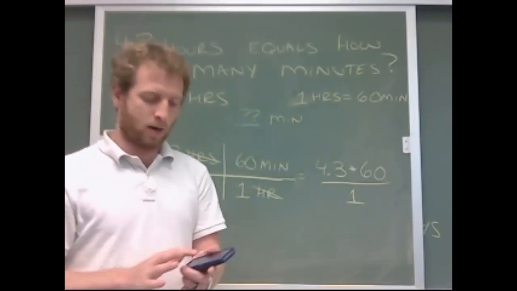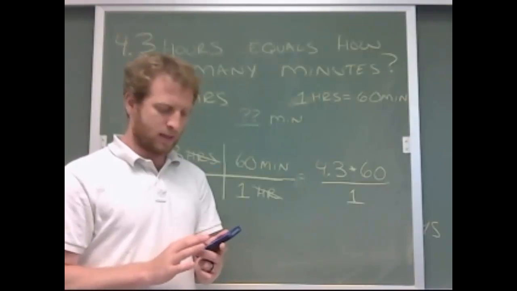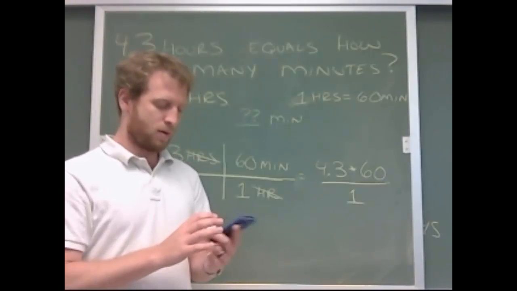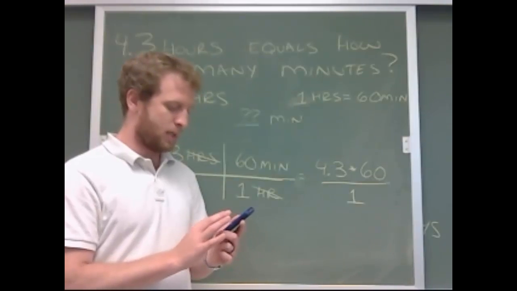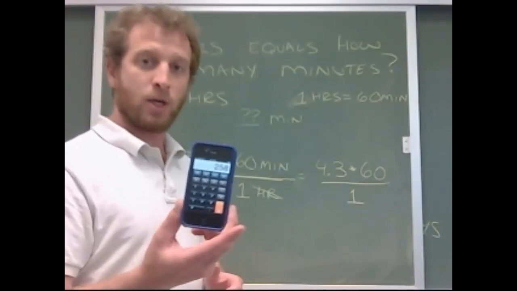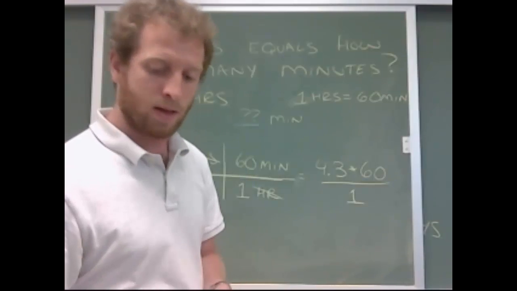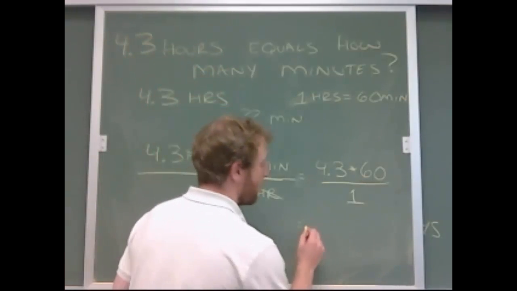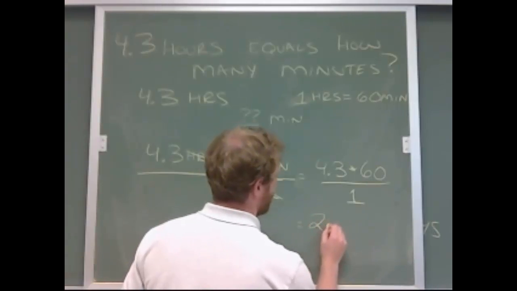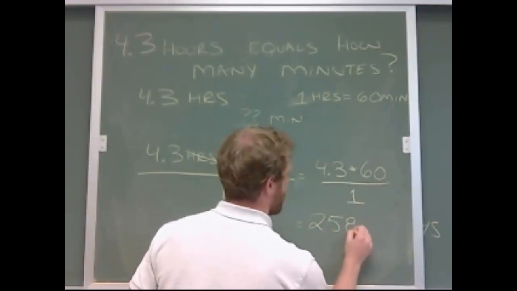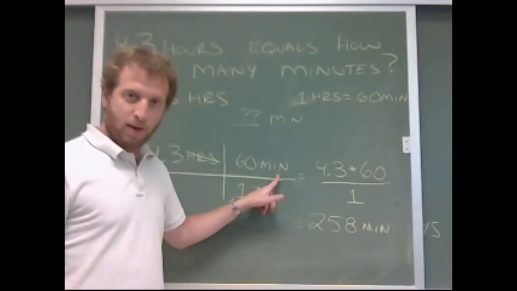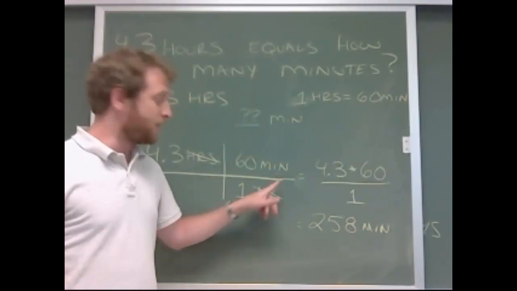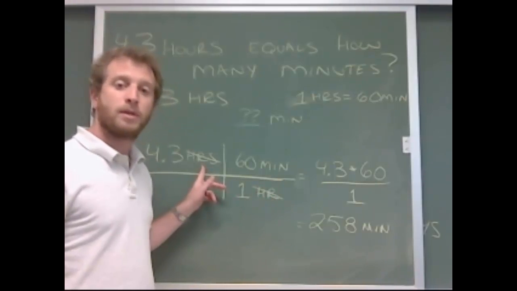Okay, I take out my calculator, iPhones for a lot of you guys, and I'm going to do, clear, 4.3 times 60, and I should get 258. Okay, but remember, I need my units. So I've got 258 minutes. And I know it's minutes because if I look at my fence, all I've got left is minutes. I canceled out my hours.